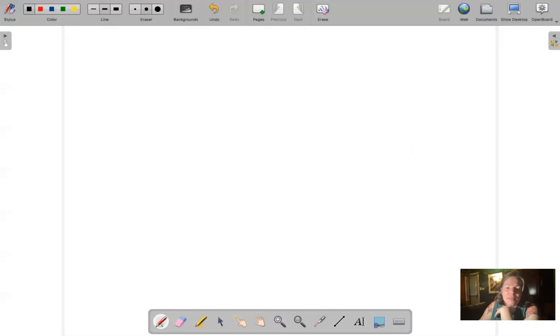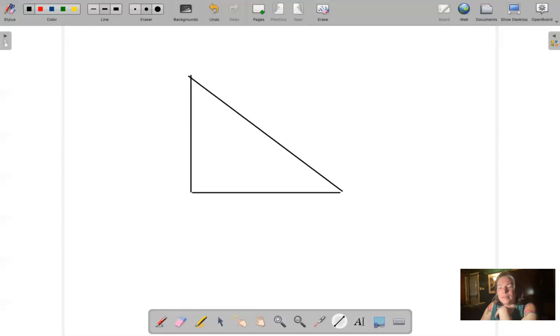Let's say, make sure we know this is a right triangle.